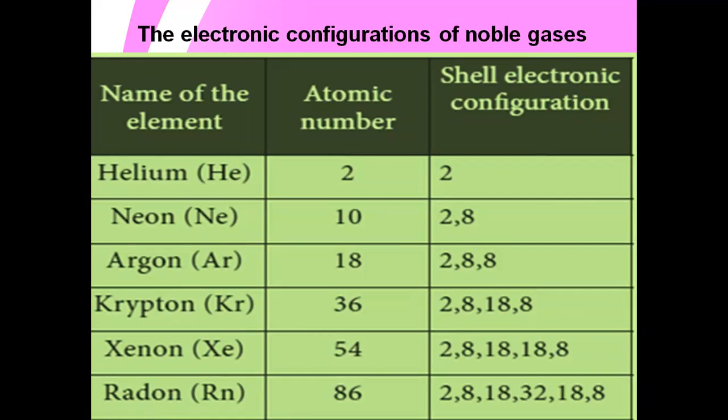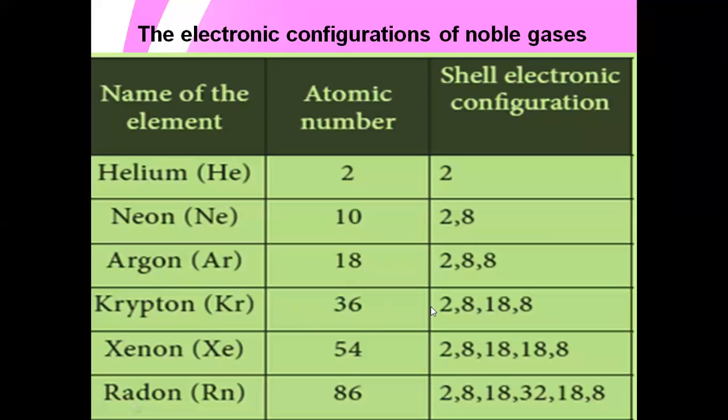Helium: atomic number 2, configuration 2. Neon: atomic number 10, 2, 8, because the K shell contains 2 and the L shell contains 8 electrons. Argon: 18, 2, 8, 8.